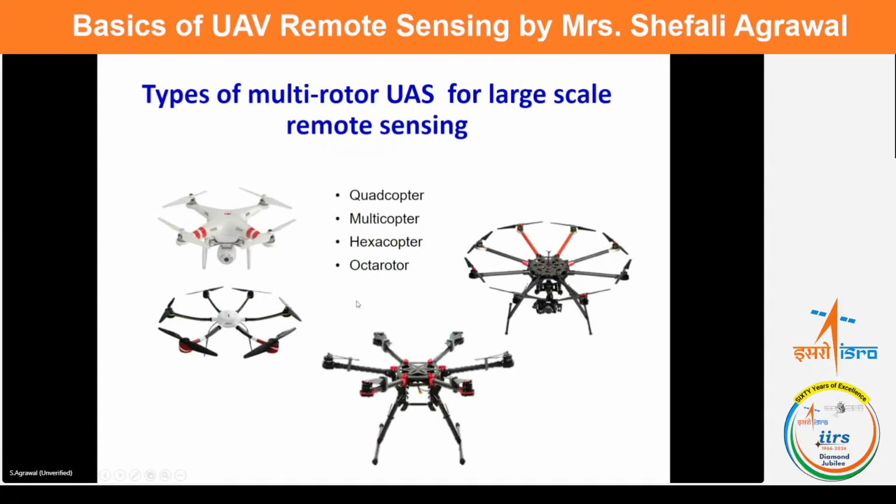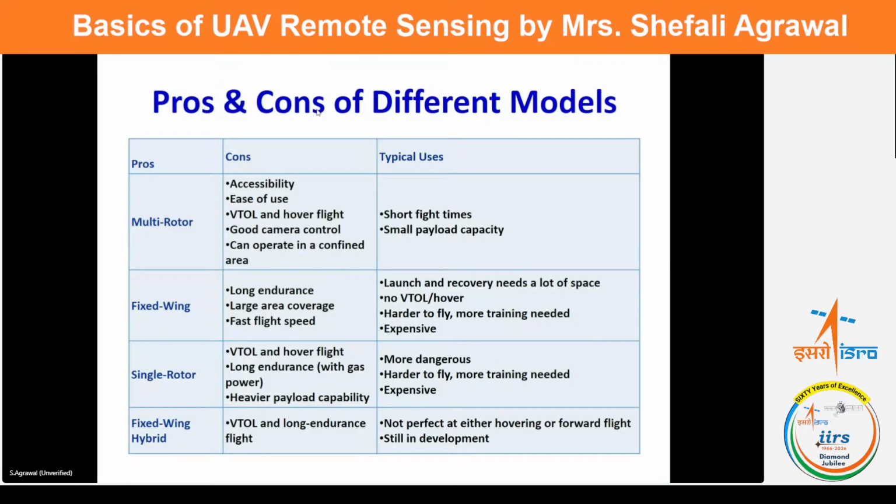So here there are different types of multi-rotor wings. You have a quadcopter, a hexacopter, and an octocopter. As we had already discussed, the limitations and advantages of the different models: the multi-rotors have short flight times and small payload capacity, but easy accessibility, easy to use, vertical takeoff and landing, and they can stay stationary at a point and can operate over smaller areas.